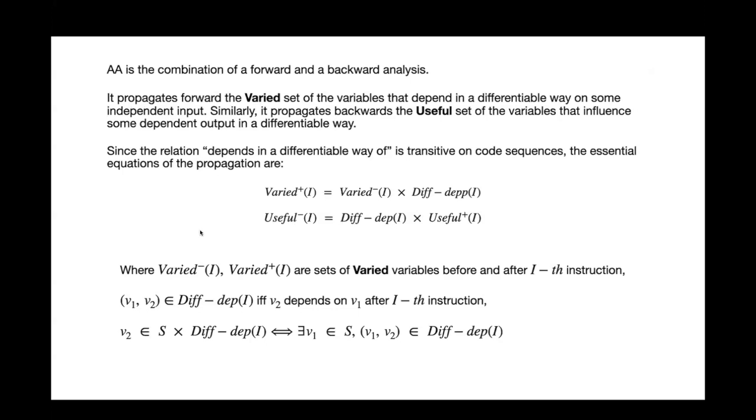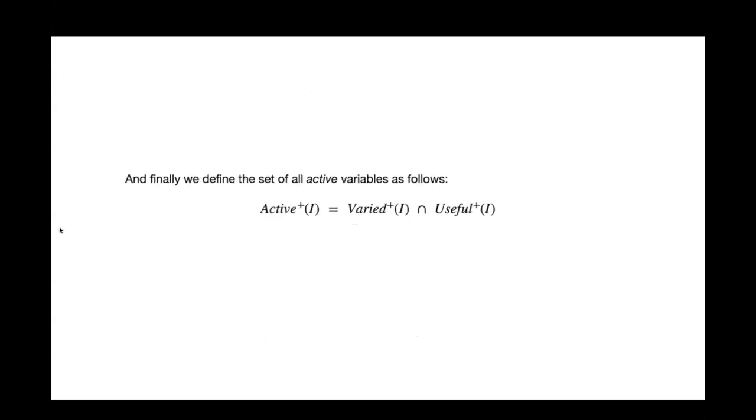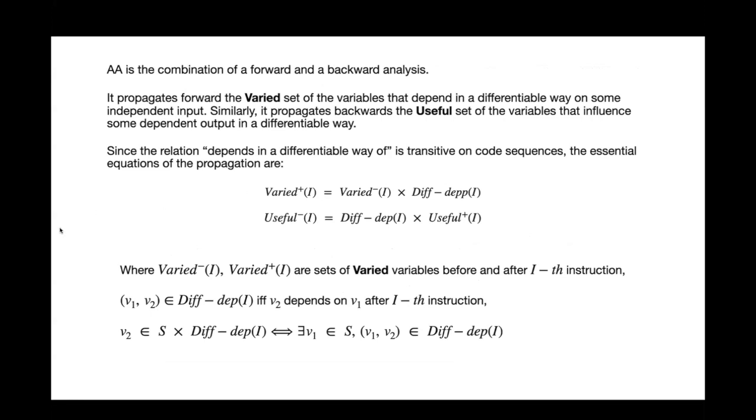So the way we'll do it is we'll create two variable sets. First one is varied, and second one is useful. Basically, the varied set of variables are the variables that depend on some independent inputs, such as a in our first example, and the useful set are variables that somehow influence the dependent variables.